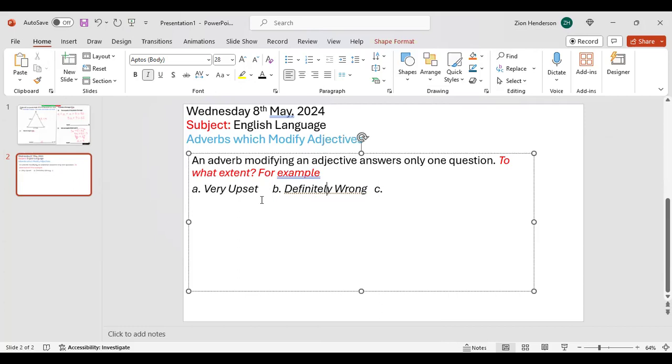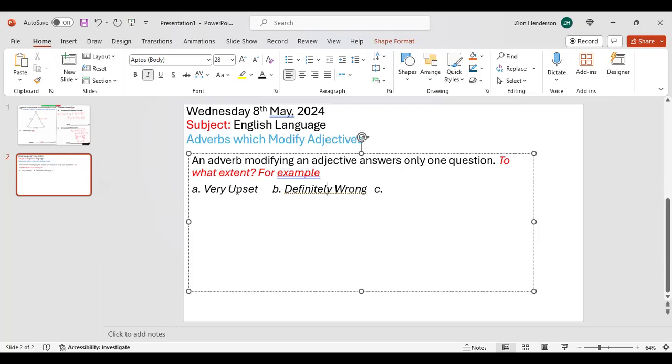So we have very upset and we have definitely wrong. Let's start with very upset. What is the adverb? Very, sir. Why you say very?